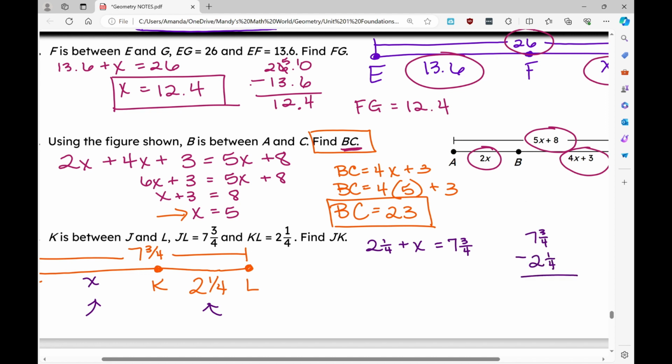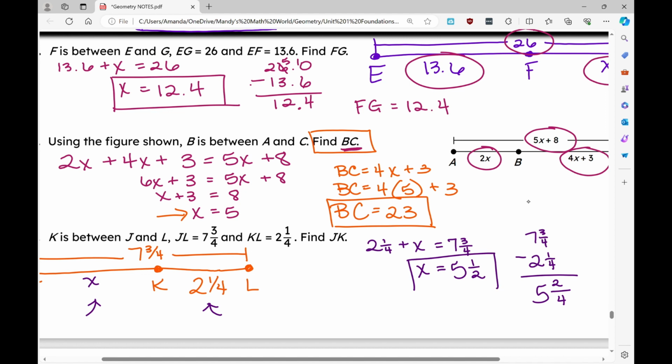Well, this makes it really easy because they already have a like denominator. So I'm just going to subtract my numerators. 3 minus 1 is 2. Keep that denominator. 7 minus 2 is 5. 5 2/4. If I simplify it, I get 5 1/2. So x equals 5 1/2.